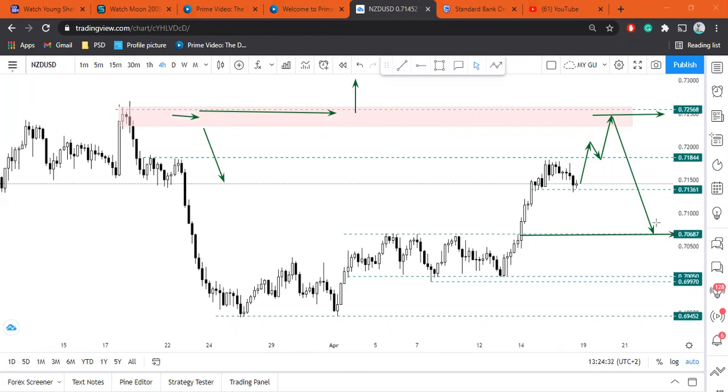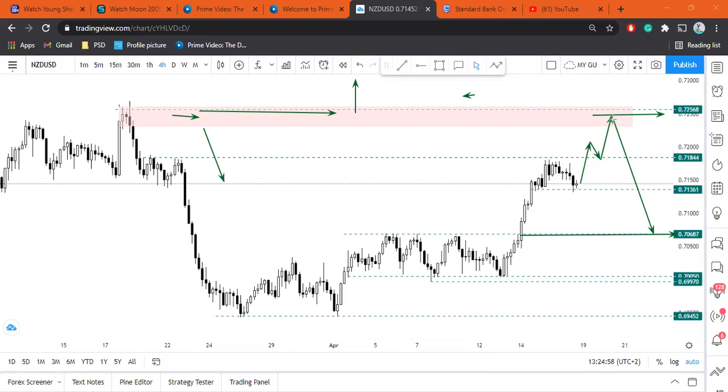Now remember, for price to come all the way down here, it has to break out from this range, right?